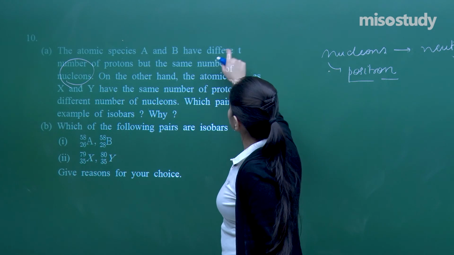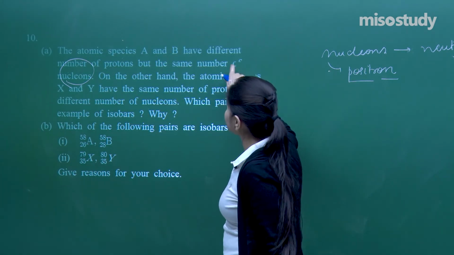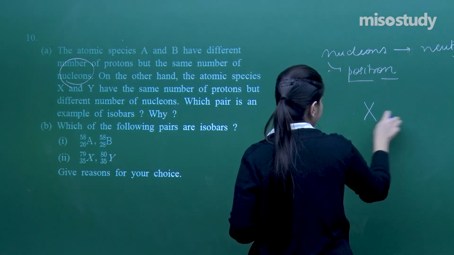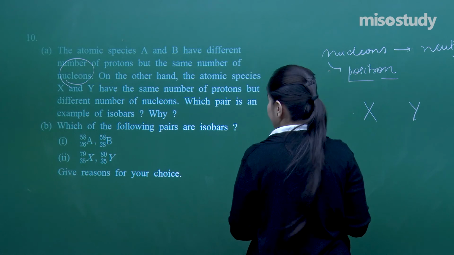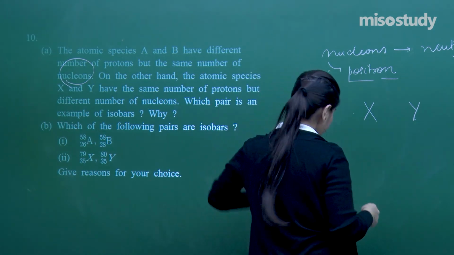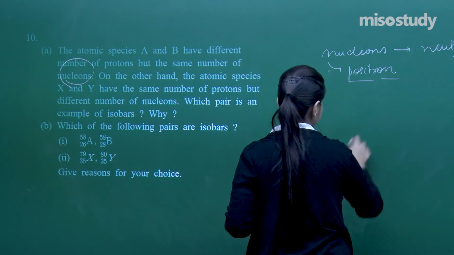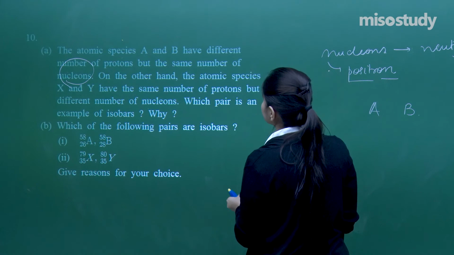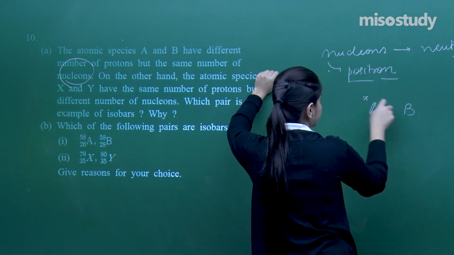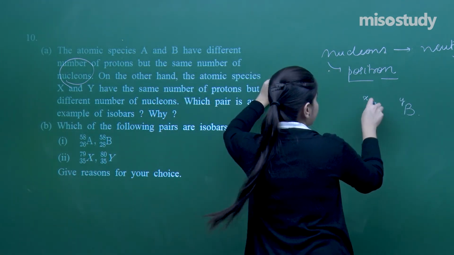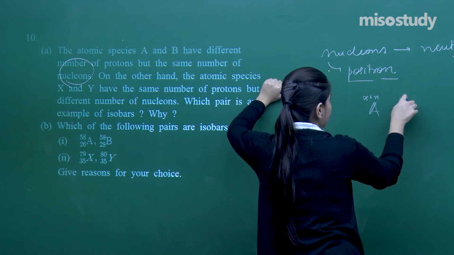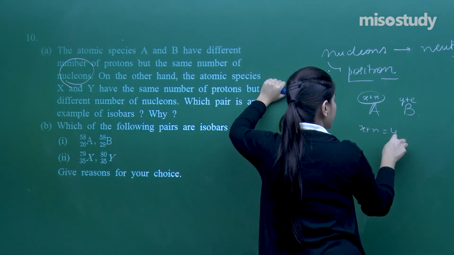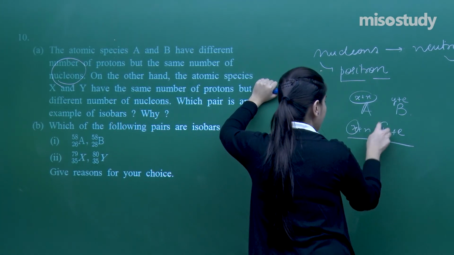The atomic species A and B have different number of protons but the same number of nucleons. So let's say they have different number of protons, X and Y, and let's say neutrons would be N and E. So X plus N equals Y plus E, they are saying, but X and Y are different.